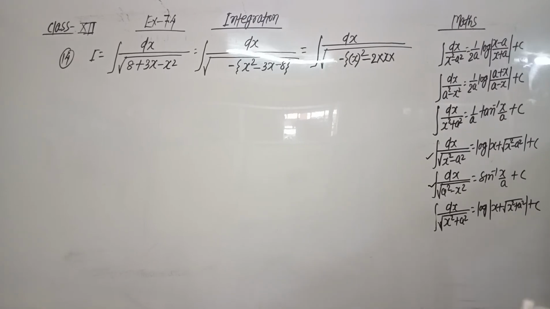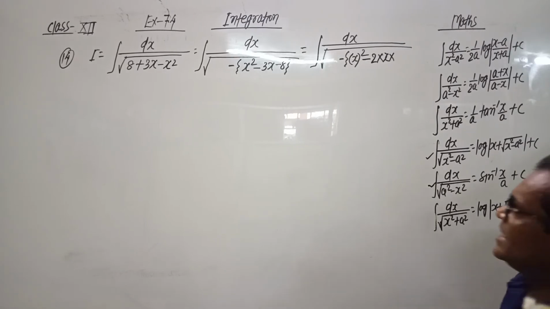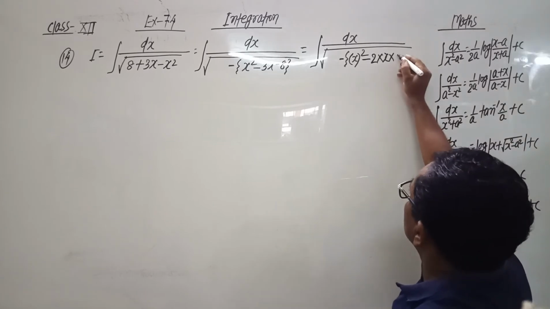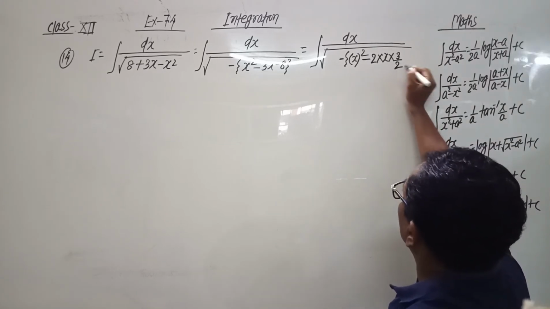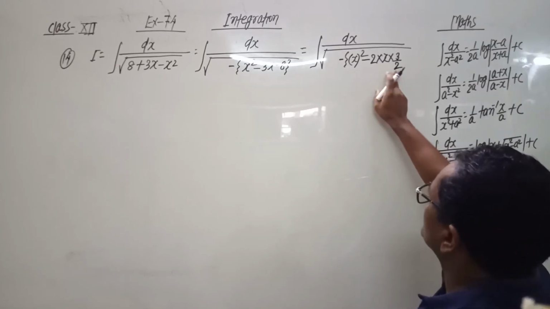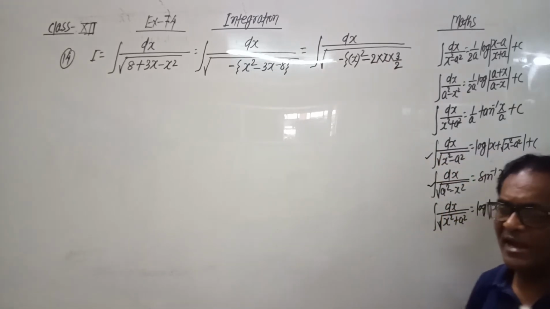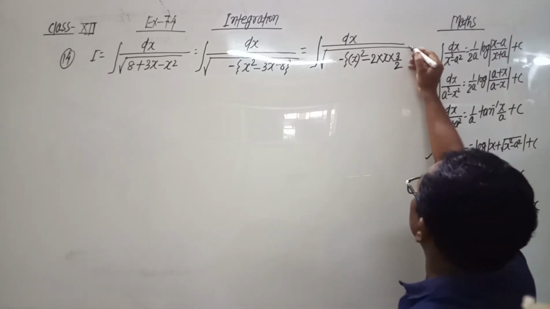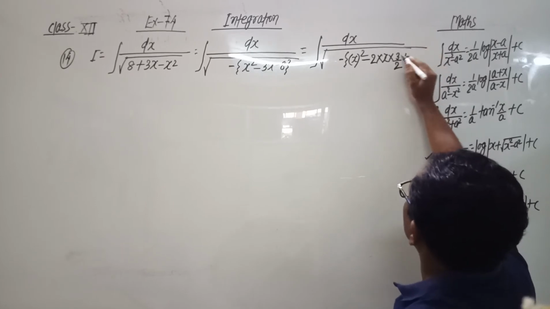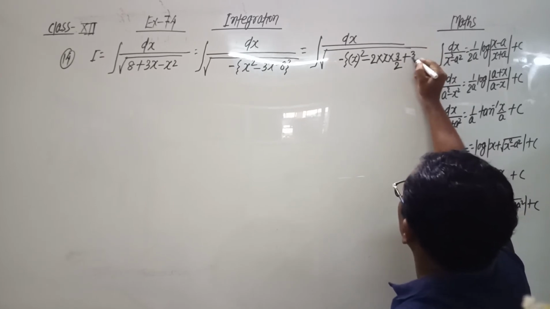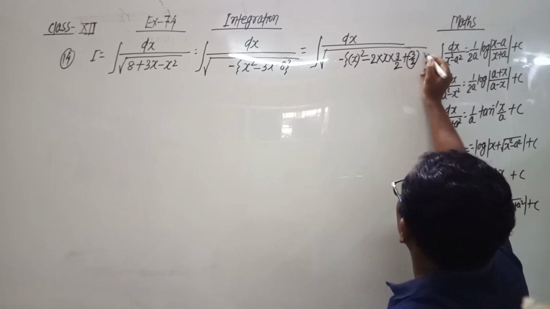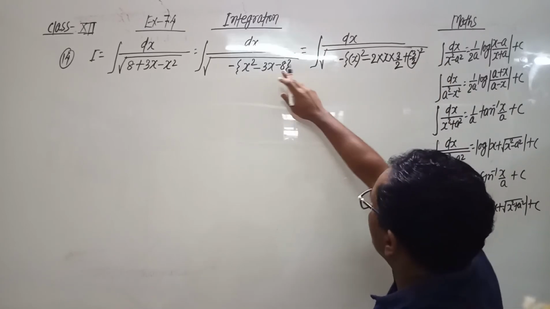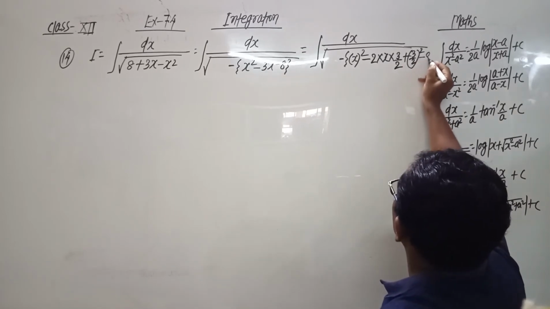So b should be 3 by 2, because 2 multiplied by 2 gets cancelled and we get the result 3x. So we have taken the value of b as 3 by 2. So we will have to write b square, and b square means 3 by 2 the whole square, and then minus 8 we have to write.